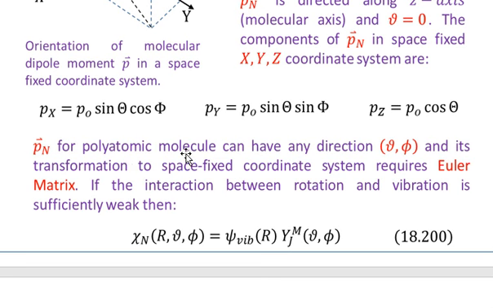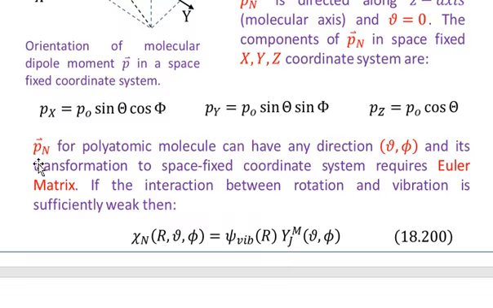Pn for polyatomic molecules. Although I am not going to discuss polyatomic molecules in this lecture, let's read what it states about them. The Pn for a polyatomic molecule can have any direction, theta and phi. You know that in the diatomic molecule, the Pn is fixed along the small z axis, so theta was equal to 0.